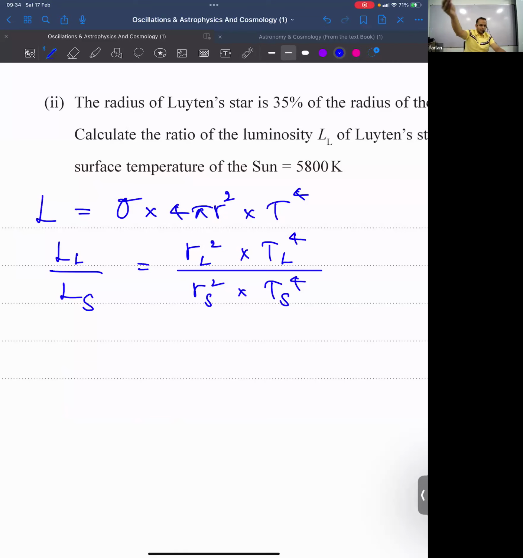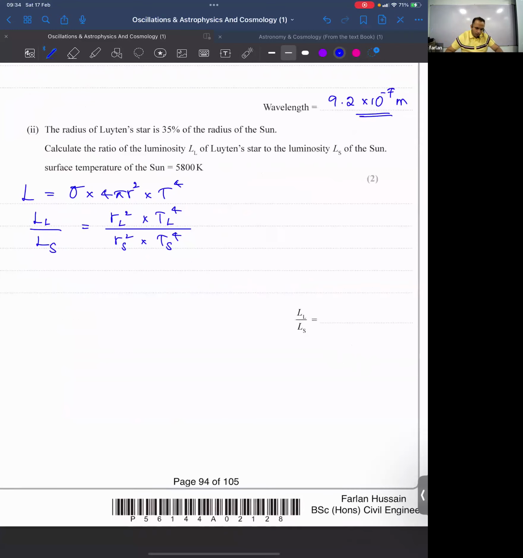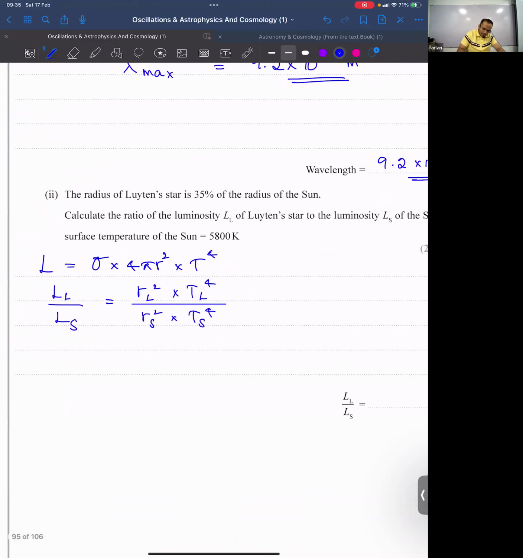You don't have to write two equations separately and divide. You can straight away write it at once. So now the question is to calculate the ratio of LL over LS. RL over RS is given. So I can write this as RL over RS square into TL over TS to the power 4.